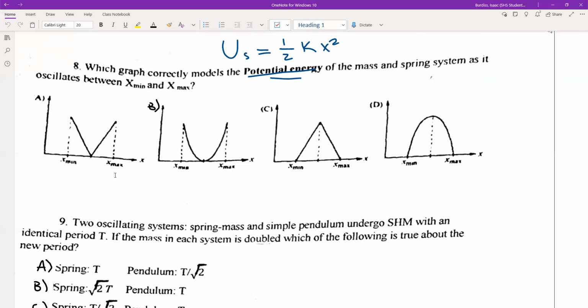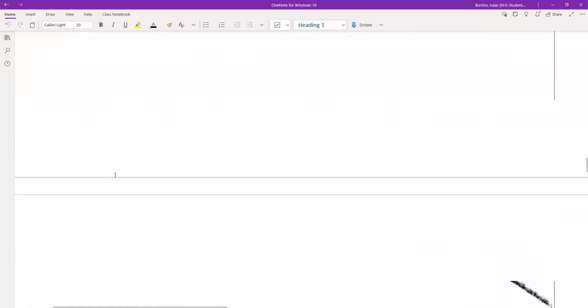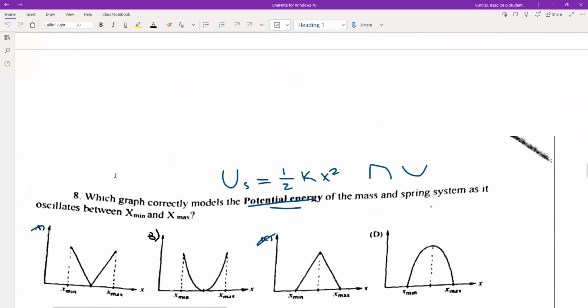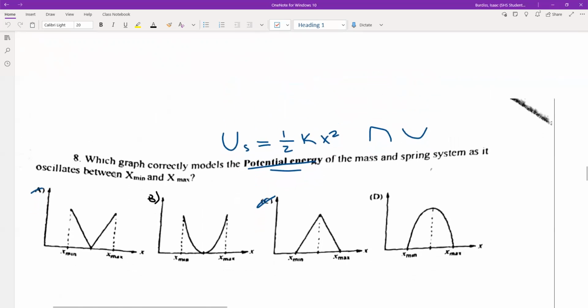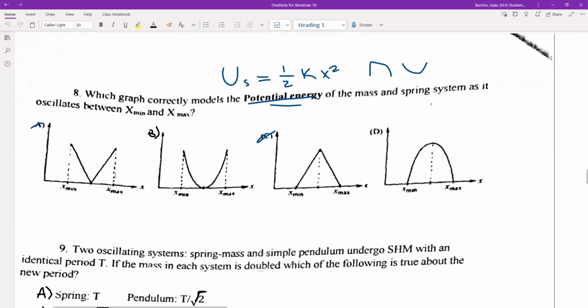X is squared, so once again, it's going to be a parabola. So we can cross out A and C, but is it B or D? Well, we know that displacement, or X, is maximum at the end just by seeing that picture. So that means that it's going to be highest at the beginning and end. So the answer is B.